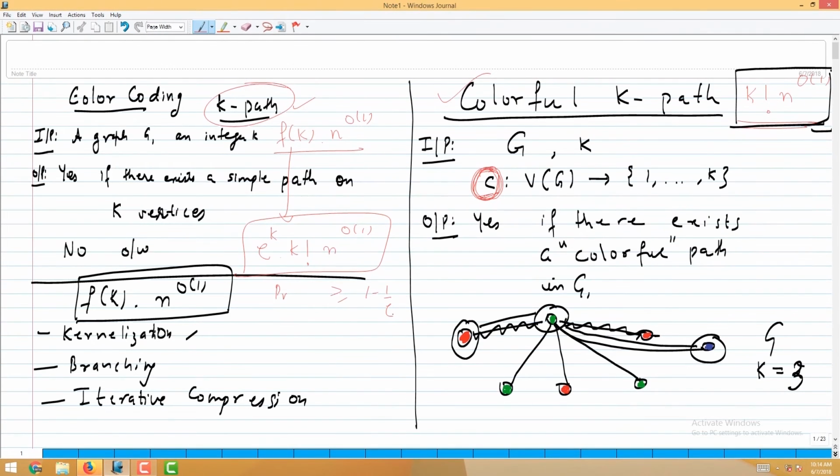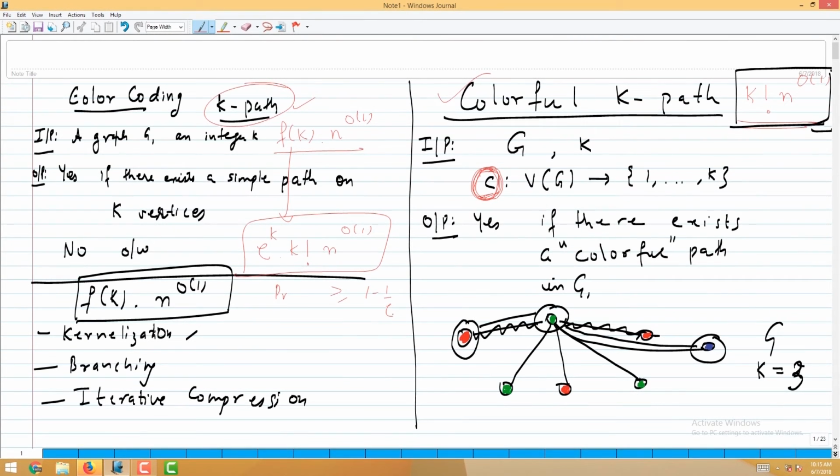Then you can reduce this problem of finding a k-size structure to the problem of finding a colorful k-structure. Here, instead of finding a k-path, we tried to find a colorful k-path, and it turns out that finding a colorful k-path was easier in a sense. It was not very difficult once we made some appropriate guesses.